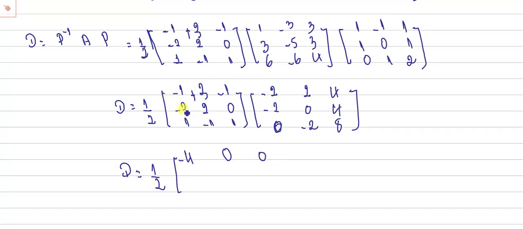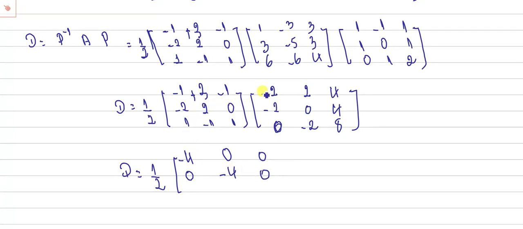Now we just go to this point, minus 4 and 4 is 0. 4 minus 4, 0 and 0, so it is minus 4. And that point is minus 8 and 8 is 0.